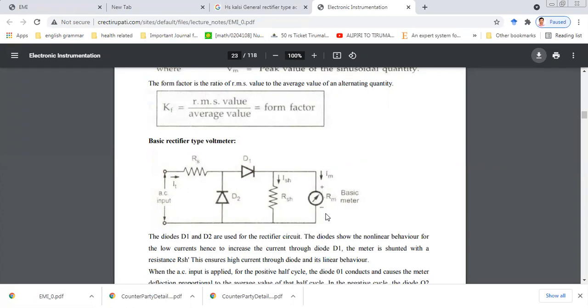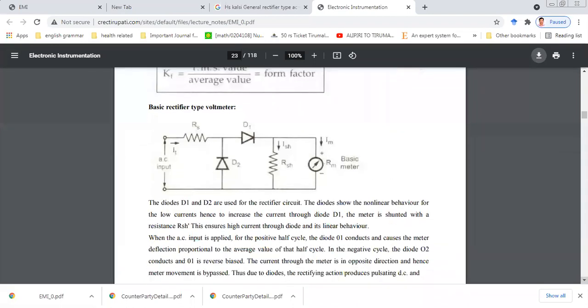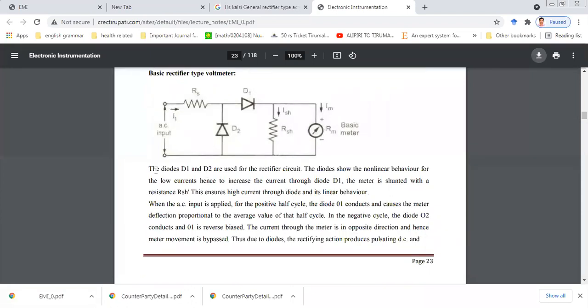By using this basic meter and the rectifier circuit elements, we can convert this meter into an AC voltmeter. Here we have diodes D1 and D2, and this is a shunt resistance. D1 and D2 are used for the rectifier circuit.